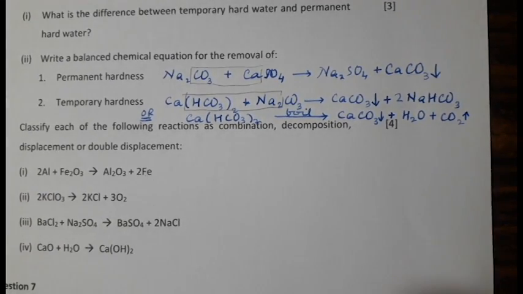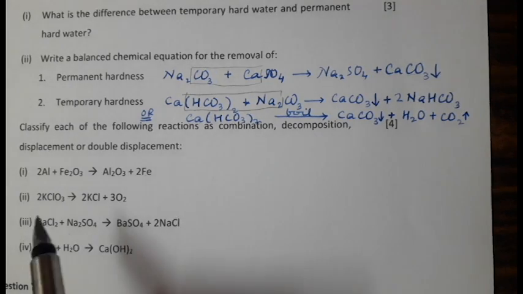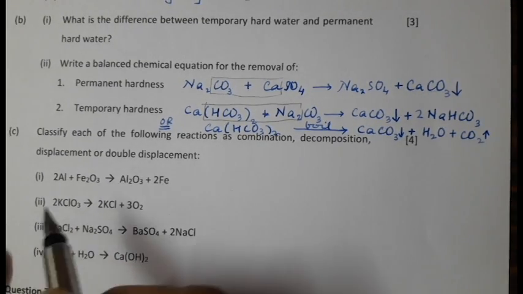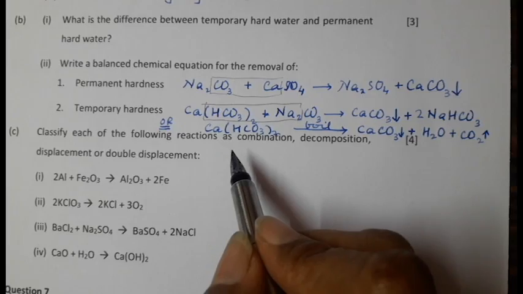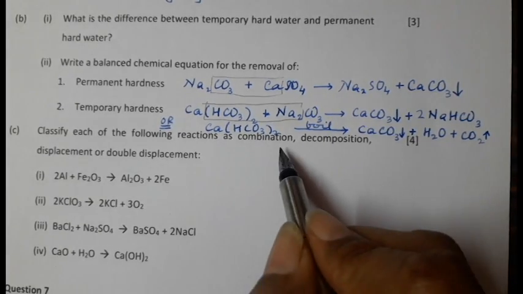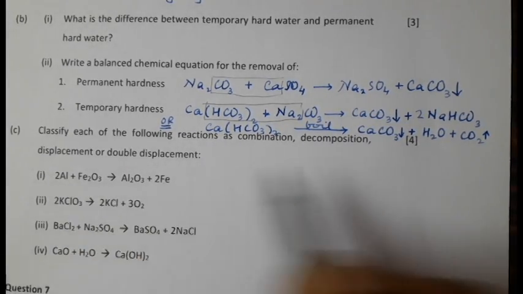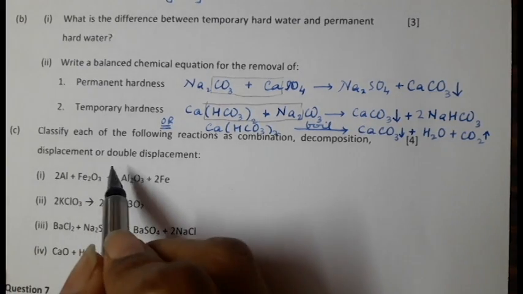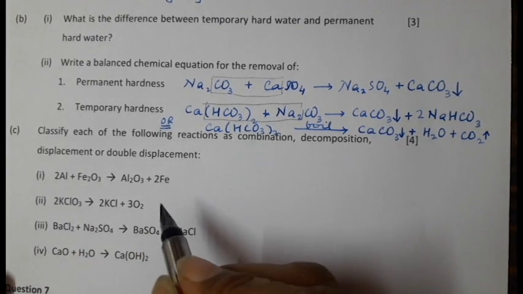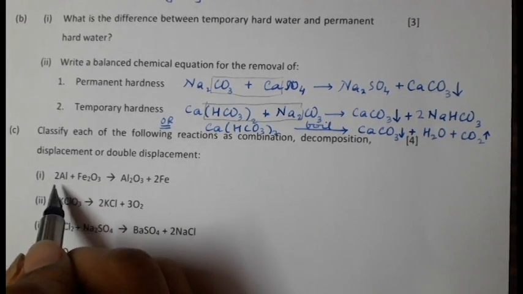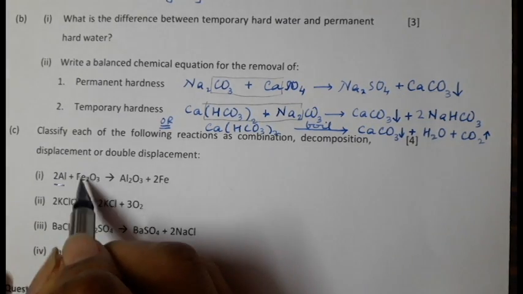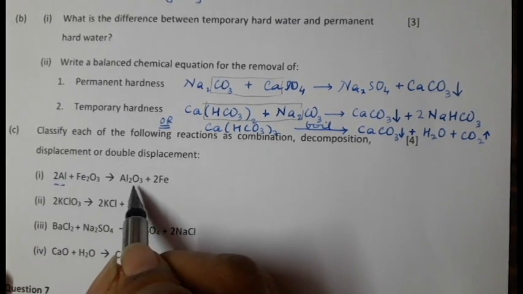Now let us come to our C part. Classify each of the following reactions as combination, decomposition, displacement, or double displacement. Now here what do you see? Aluminium has replaced Fe, it's become Al2O3.